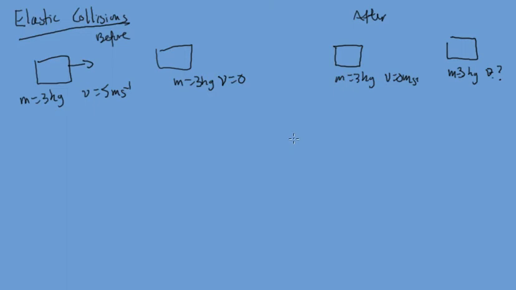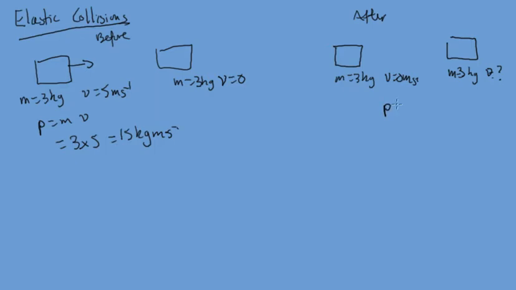So let's look at the momentum here. So momentum is always conserved. It's a law of physics, it's always conserved. So the momentum before, p equals mv, so we're going to have the mass 3 times 5, and that's going to have 0 momentum, so that gives us a momentum of 15 kilogram meters per second.